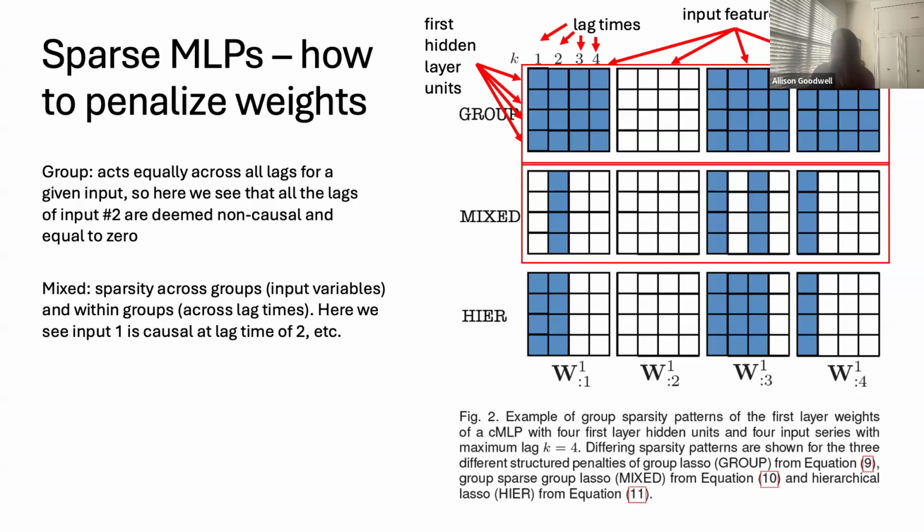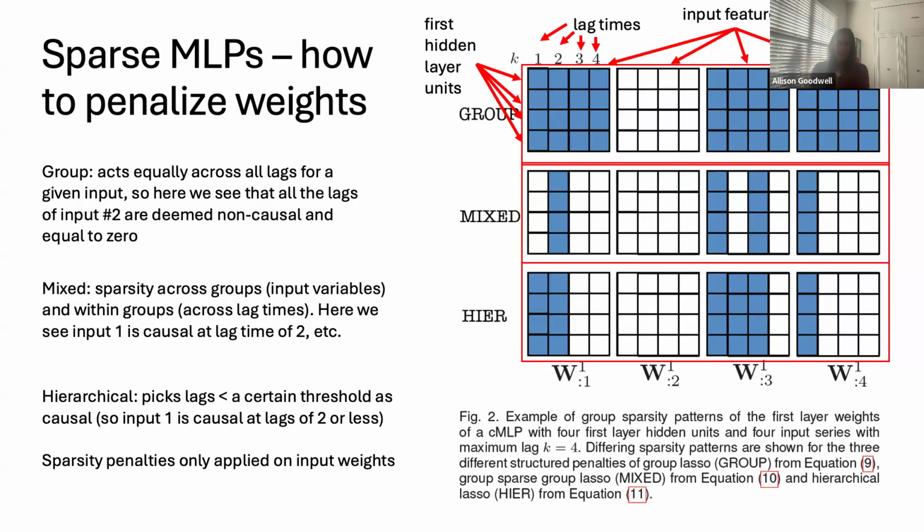Then the mixed one is a little bit more specific because it considers sparsity across the input groups, where similarly here, we find that 2 is not causal in any way, and all the weights are 0 from all the lags and all the hidden units. But here we're looking also within groups across the lag times. So we're more specifically saying here, input number 1 is causal at a lag time of 2. And input number 3 is causal at these 2 lag times.